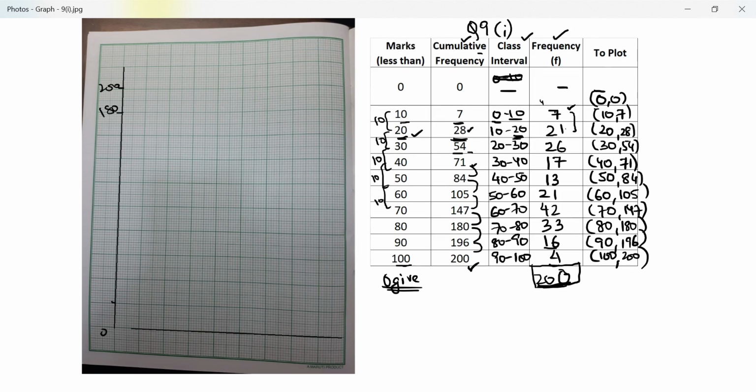On the x-axis I have to go up to 100: 10, 20, 30, 40, 50, 60, 70, 80, 90.